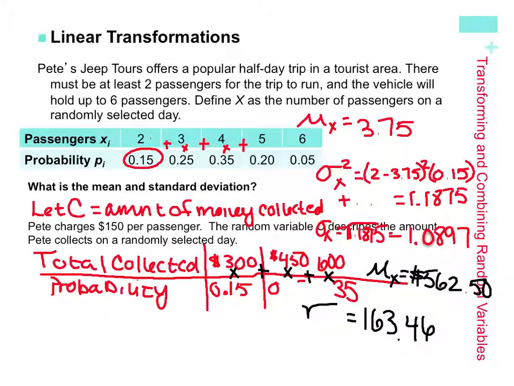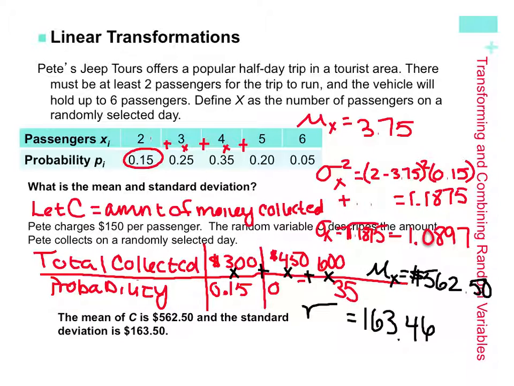like our linear transformations, that all you have to do is simply multiply, okay? So you're going to take your mean of 3.75 and multiply it by 150 to get your new mean for your collected money, 562.50. Same with the standard deviation. The standard deviation also gets multiplied by the absolute value of the constant.